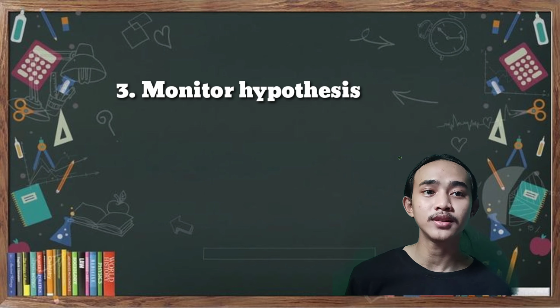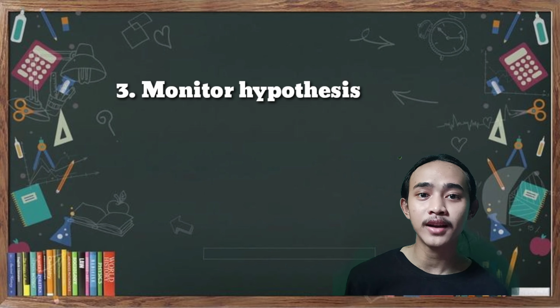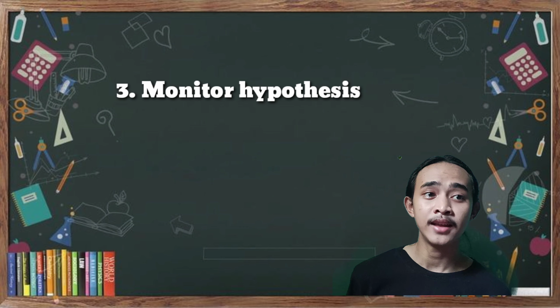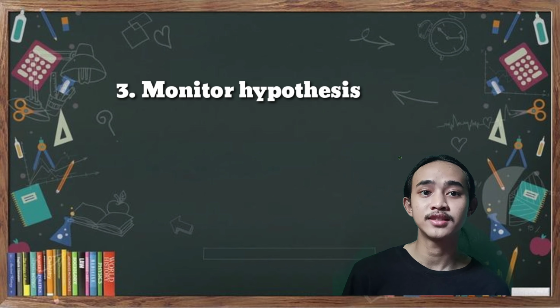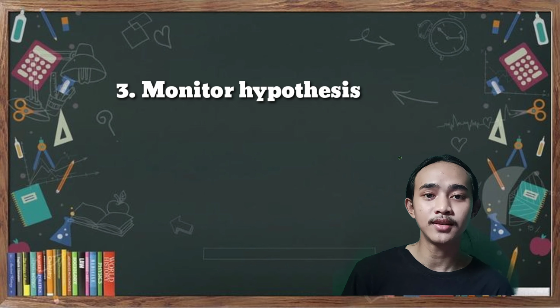A very important point about the monitor hypothesis is that it does not say that acquisition is not available for self-correction. Research also shows that the monitor does a better job with some parts of the grammar than with others.